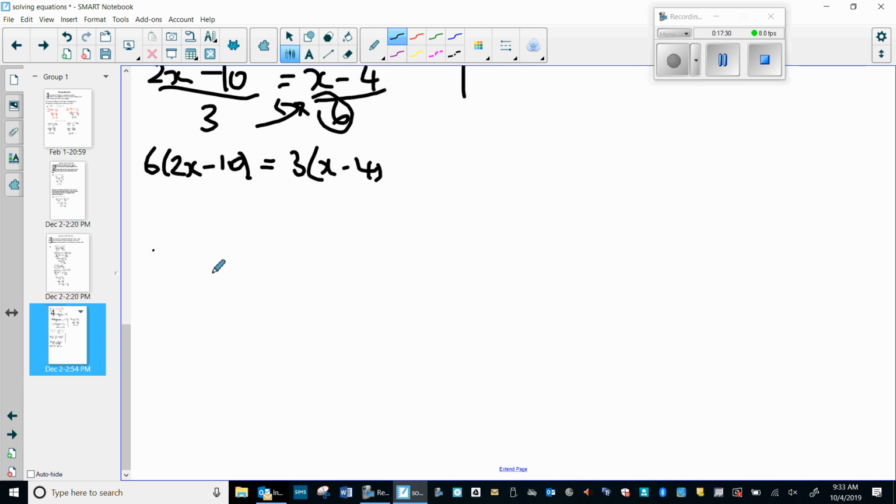Expanding, 12x minus 60 equals 3x minus 12.